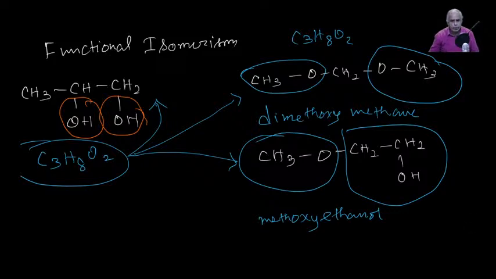Right, good. Now let us move further. I hope now you should be able to understand the diol and its isomeric form. Okay, let me give you some molecule. Try to give me the IUPAC name.